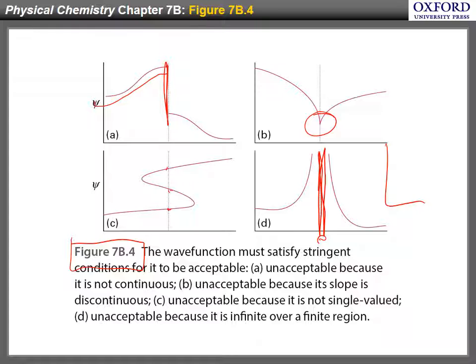Any function that is continuous, has a single value for every point, and does not approach infinity is an acceptable wave function.